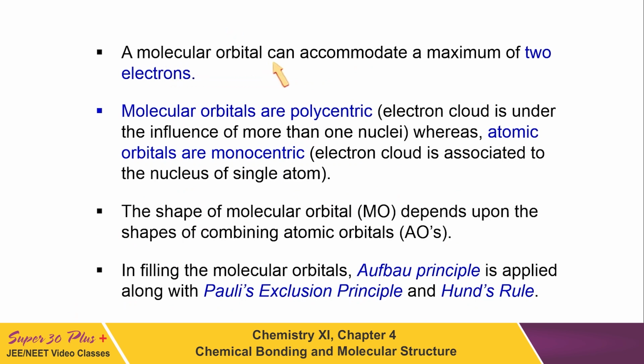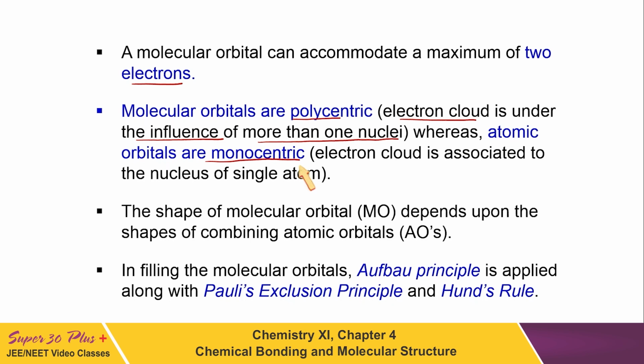A molecular orbital can accommodate a maximum of 2 electrons, like any other simple orbital of s, p, d or f. MOs are polycentric. What do we mean by polycentric? The electron cloud is under the influence of more than one nucleus. In the MO, the electron cloud is not controlled by a single nucleus, whereas AOs are monocentric.